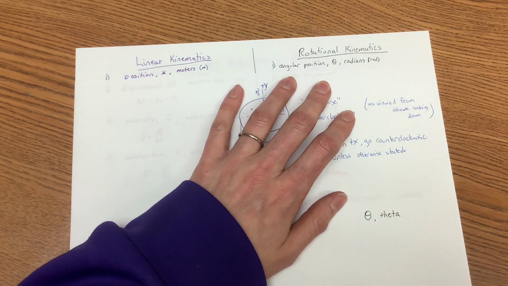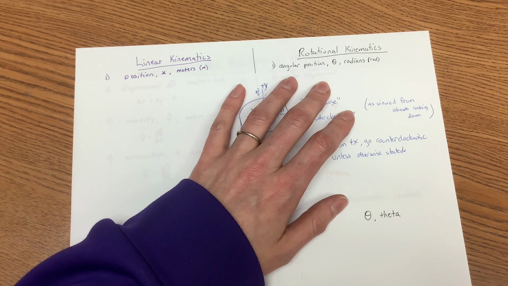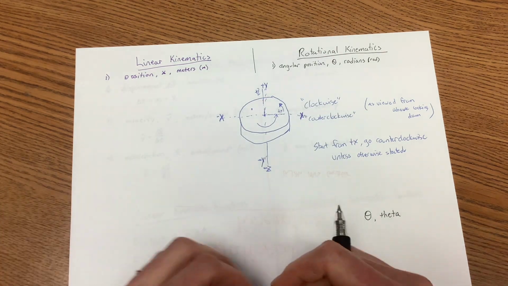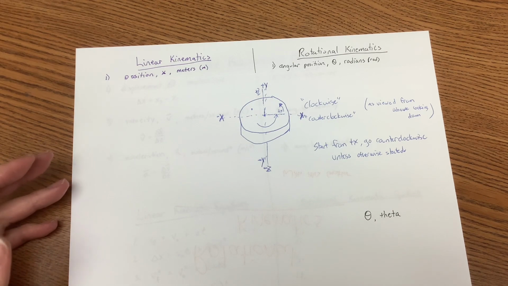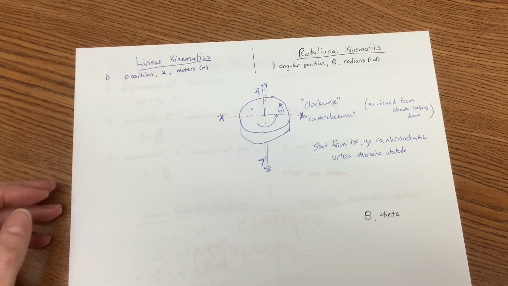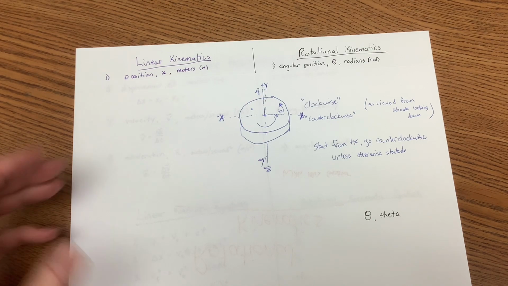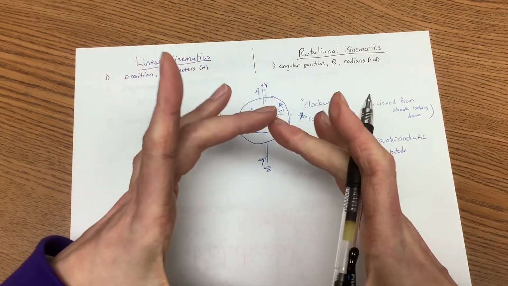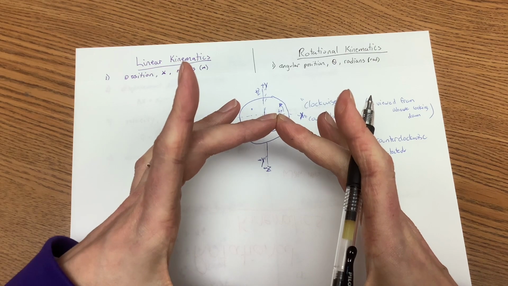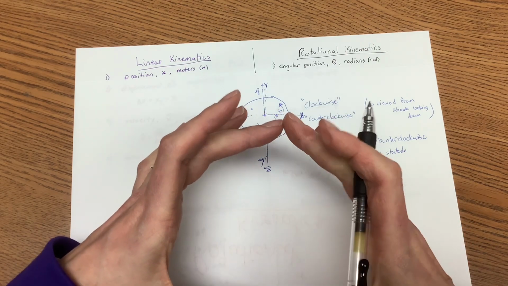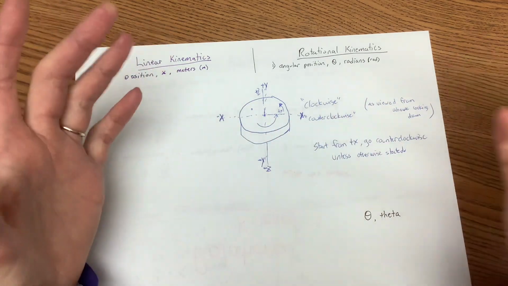Radians. If you're wondering, what the heck is a radian? Here's the best way I can explain it. Anytime you make a circle with a rope or a line, or you draw it, or you use objects, it doesn't matter what, you're going to have a circumference. And it turns out that the ratio of the circumference to the radius is always 2 pi.